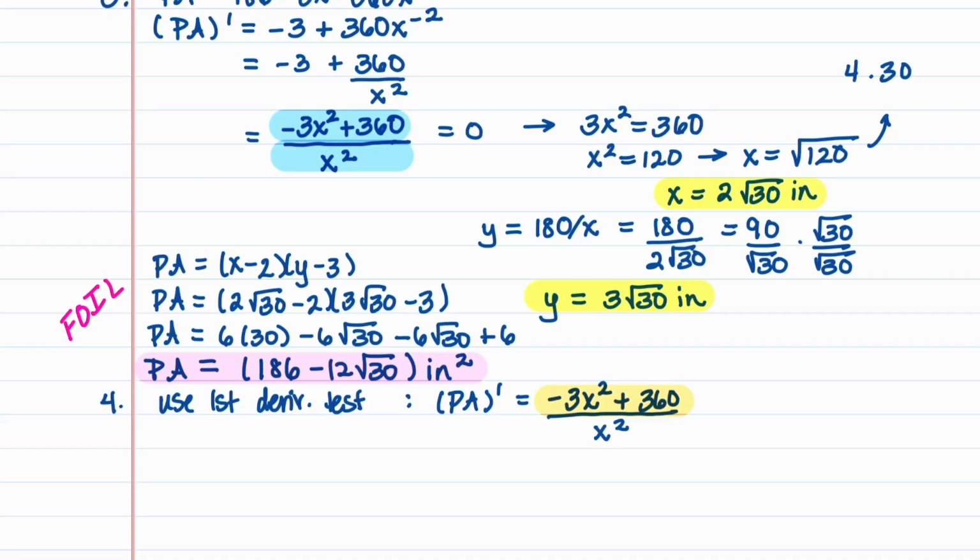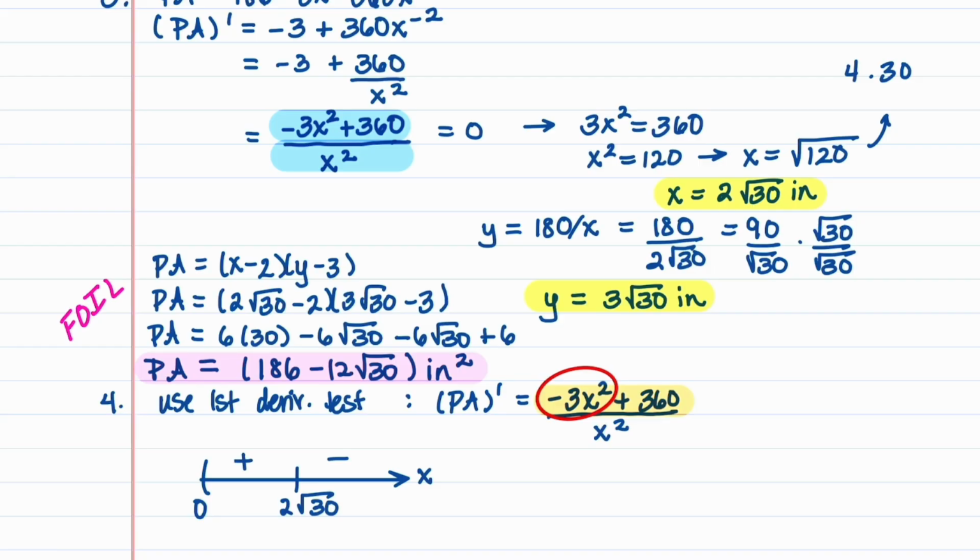Let's go ahead and draw a number line. And we'll put x on this. We'll remind ourselves that it is an open interval starting at 0. And let's put our critical value, that is 2 root 30. To the right of our critical value, as x gets really, really large, we just have to look at the leading term. That is negative. So we know that this is going to be negative. And then if we pick a point to the left of 2 root 30, say 1, we get that our derivative is positive.